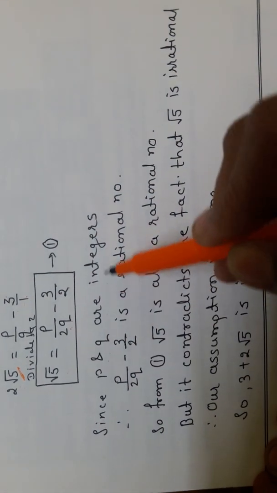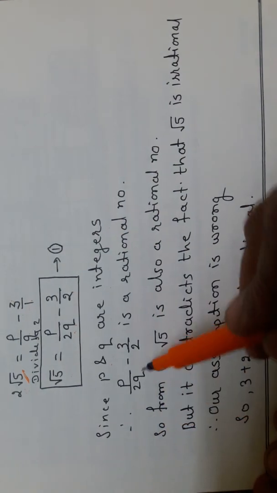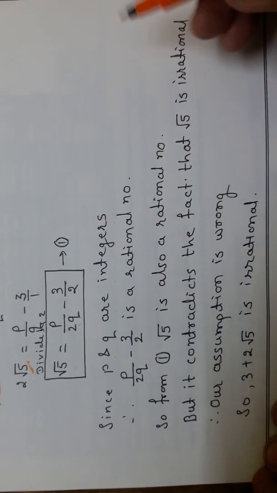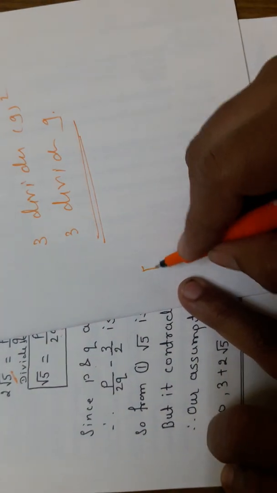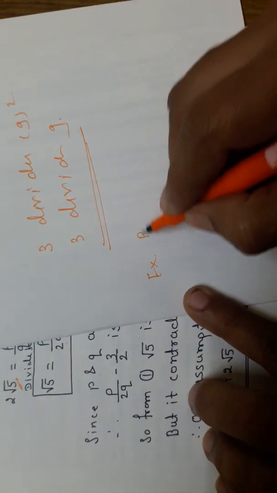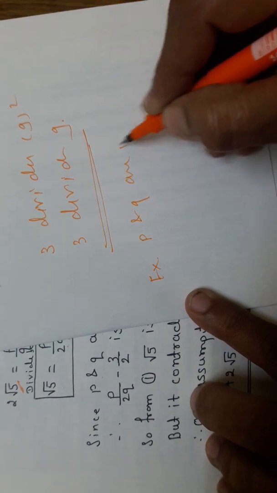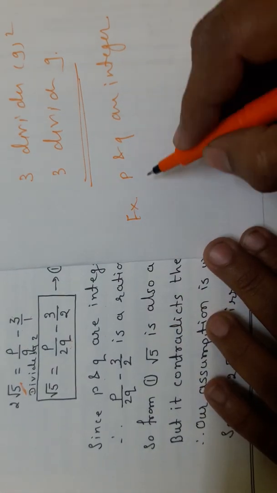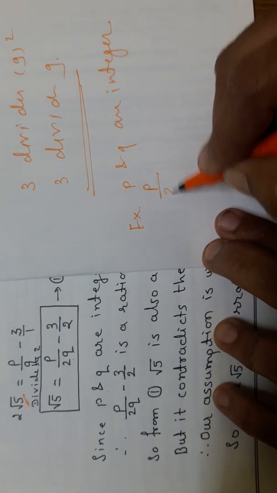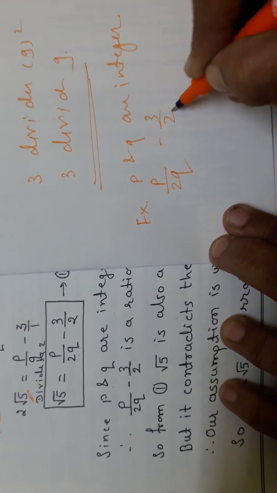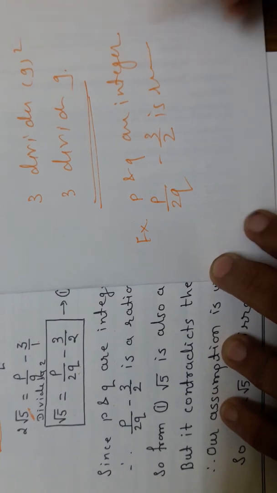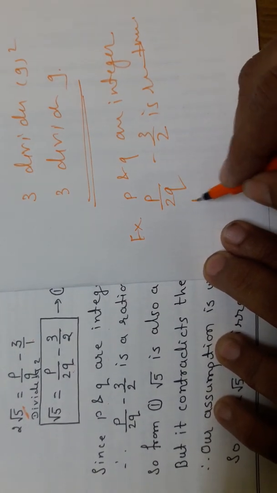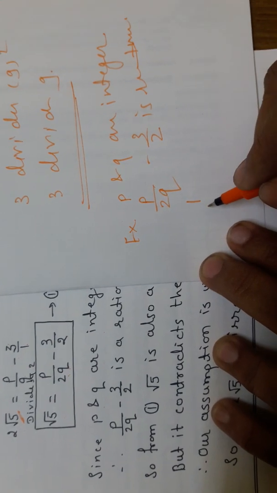Since p and q are integers, therefore p upon 2q minus 3 by 2 is a rational number. For example, if p and q are integers, why will p upon 2q minus 3 by 2 be a rational number? Take p value as 1 and q value as 2.